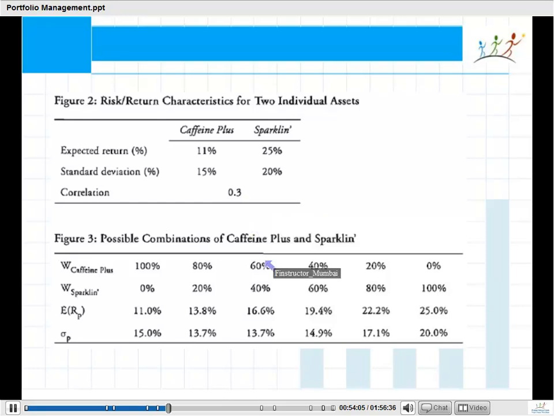Compute the expected return and expected risk of a portfolio that consists 60% of caffeine plus and 40% of sparkling. So a portfolio consists 60% of caffeine plus and 40% of sparkling. Compute the expected return and the expected risk of the portfolio.